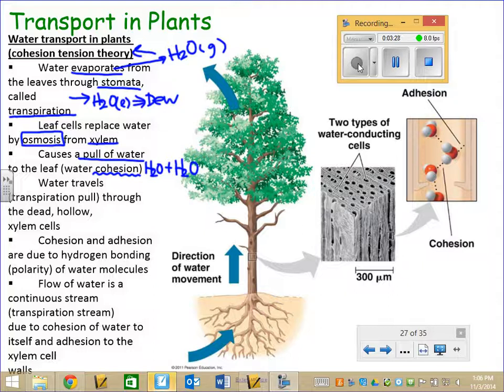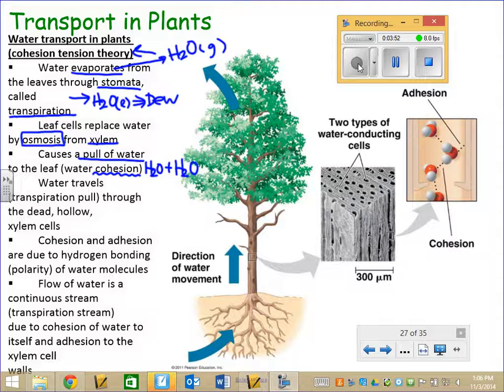So every time a water molecule leaves through the leaf because of transpiration, the leaf cells are going to replace that water via osmosis. And the way that it works, even though the leaf is higher up in terms of height and gravity, the water will come upwards. And that's because of water cohesion.